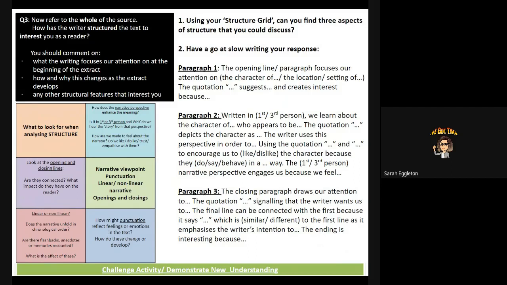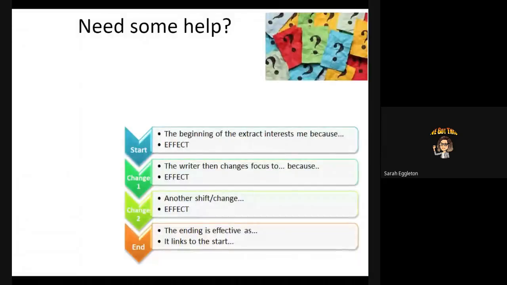If you want to push yourself a little bit more, we are going to have a think about how you can structure your answer. So, you need to start your answer at the start of the text. Then think about the middle and then the end. That's the basic structure for writing about structure. Beginning, middle, end.